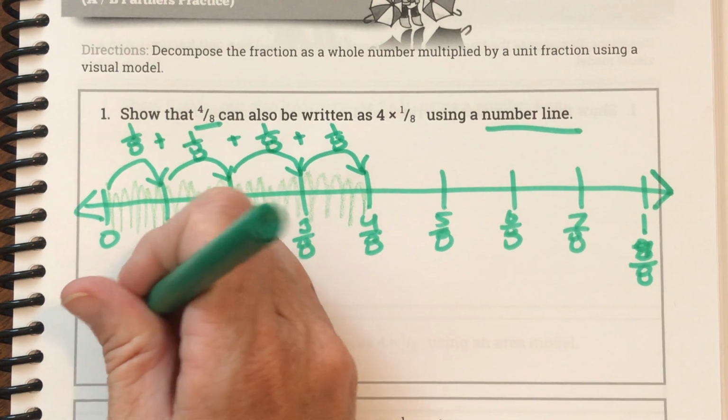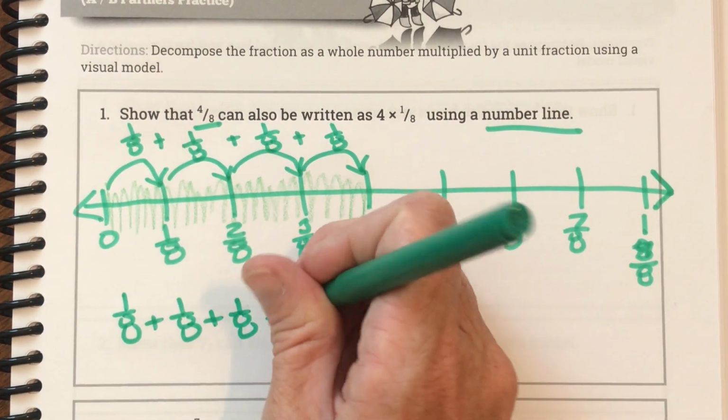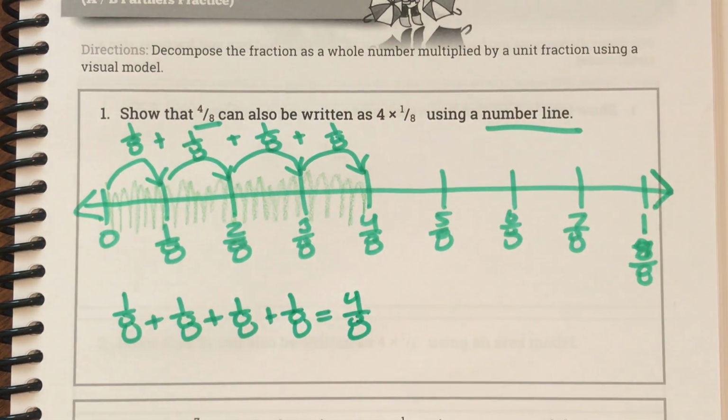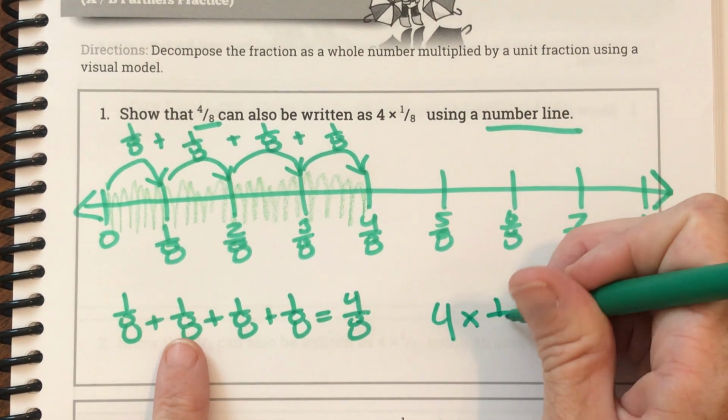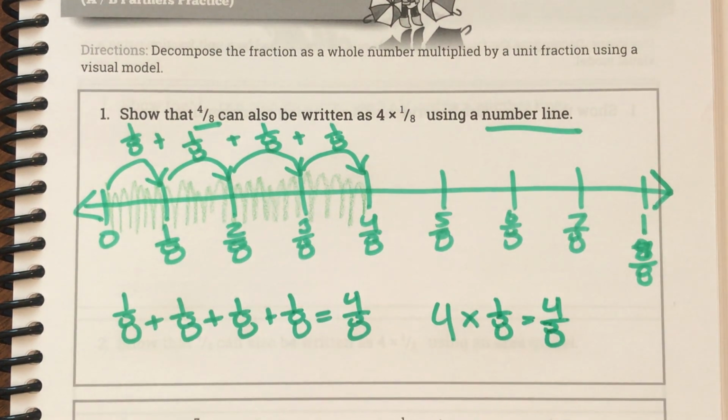So it's 1/8 plus 1/8 plus 1/8 plus 1/8 equals 4/8. But instead of listing all these out, I could just say 4 times 1/8 equals 4/8. It means the same thing. This is just a shorter version of writing it.